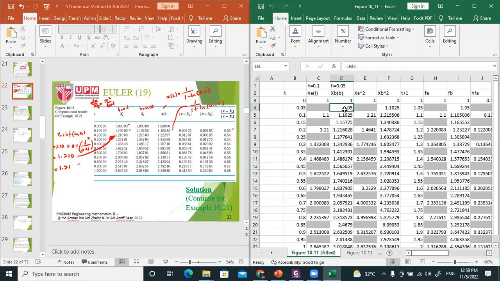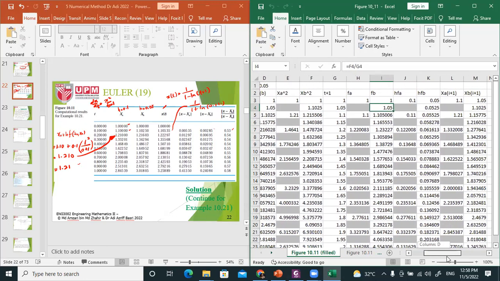But then you need to use your function x squared divided by t plus 1. So what is your xb square? You square this one, then t plus 1, then you can get the function of fb, which is xb square divided by t plus 1. So you get the fb.